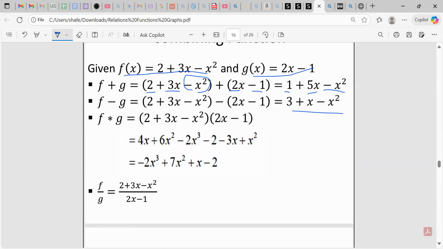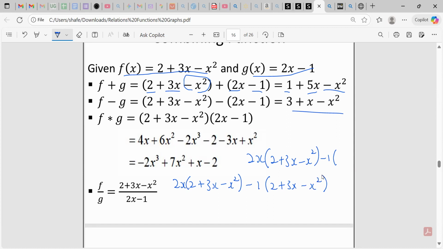So what you do, you multiply this by everything there. So you put 2x times 2 plus 3x minus x squared, right? Minus 1 times, and you write back, I think the space is too limited. Let me do it at the bottom. 2x times (2 plus 3x minus x squared) minus 1 times (2 plus 3x minus x squared), right?